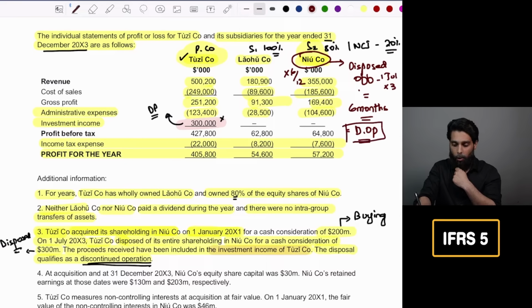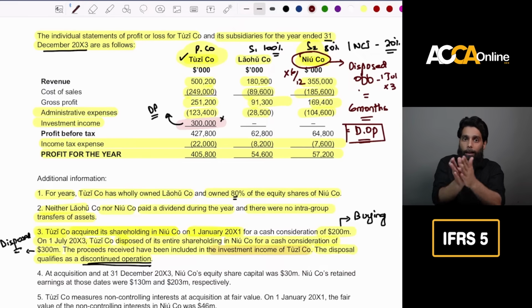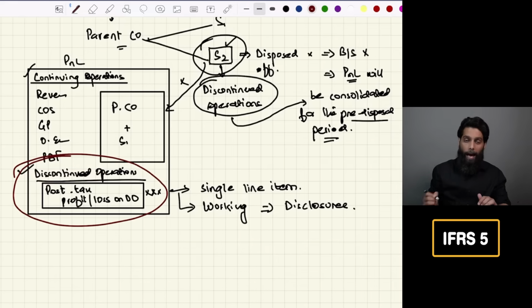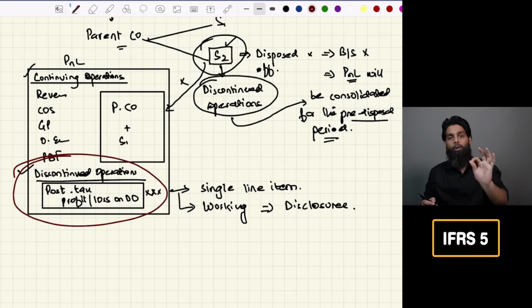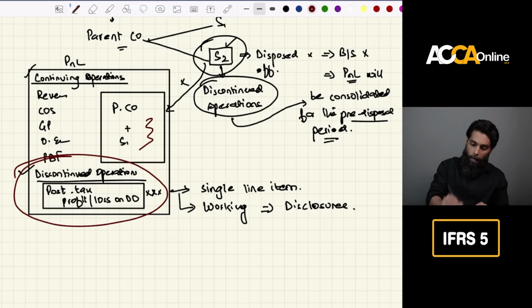And since this qualifies as a discontinued operation, we do not need to consolidate Neo company simply within the parent company for 6 months. Rather, we need to provide it as a separate heading as discontinued operation. And in that heading, we'll be showing post-tax profit or loss for the year on account of Neo company. So you need to make sure that you cannot consolidate S2 here.